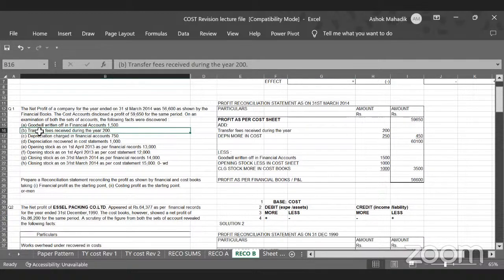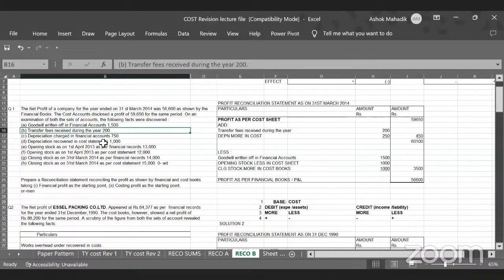At the end of this sum, you will be clear about this add and less. B says transfer fees received. Anything received is your income. During the year, rupees 200. Our base is cost. Now second step, debit or credit. Transfer fee received is your income. So it's a credit item. And any income apart from sale and scrap does not appear in the cost sheet.